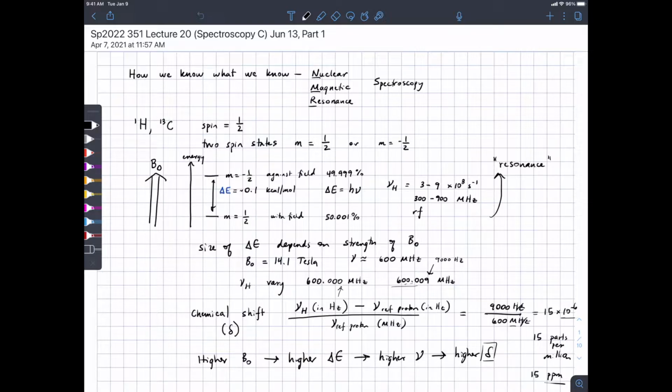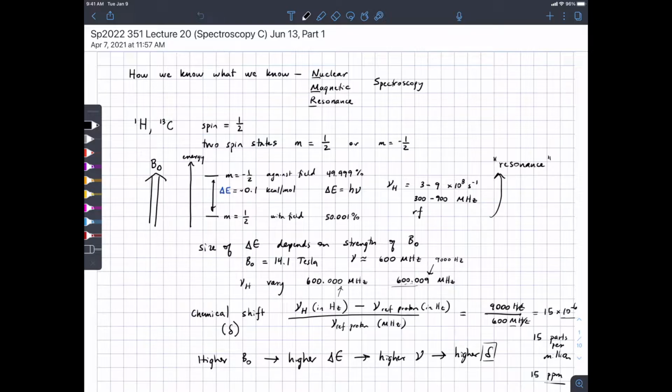So some protons and neutrons are somewhat like electrons. They can have a spin property. It just so happens that hydrogen (the proton) and carbon-13 are both spin 1/2 nuclei, which means they can exist in two possible spin states, either plus 1/2 or minus 1/2.